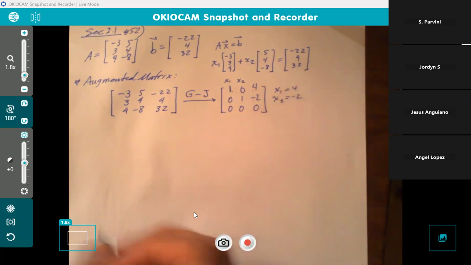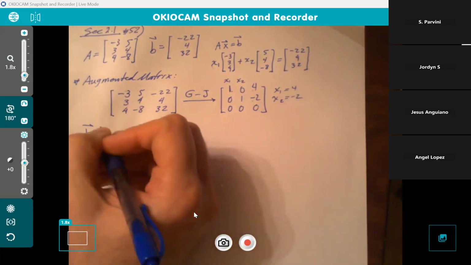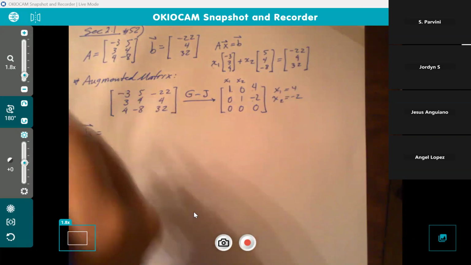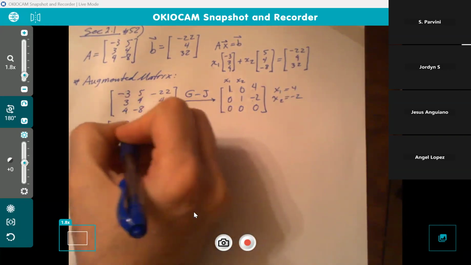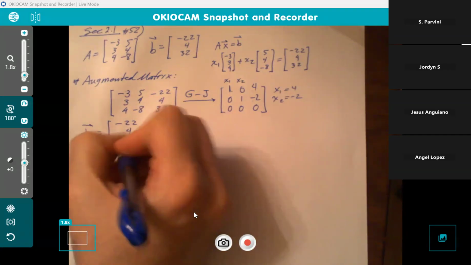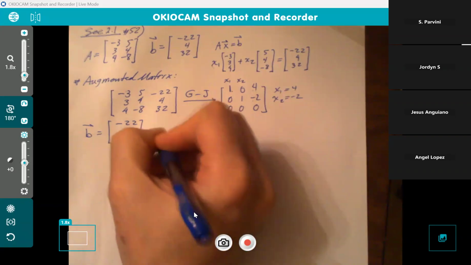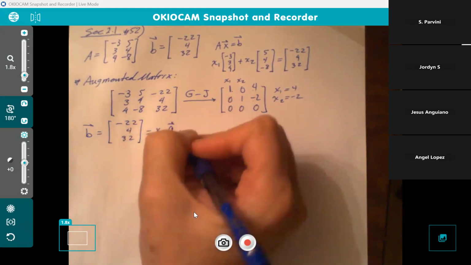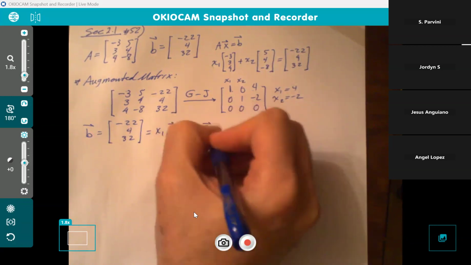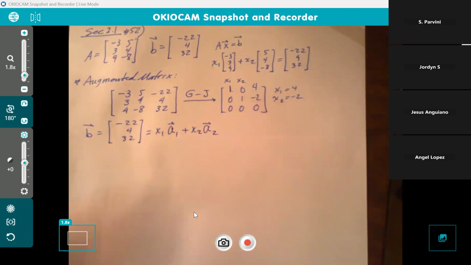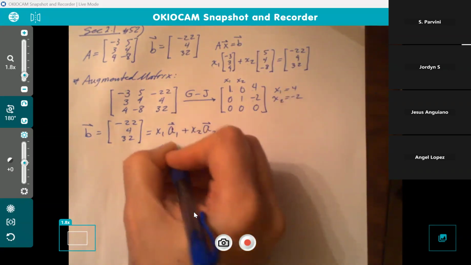Now, we can answer the question. The question says, show that B can be written as a linear combination of columns of A. B, which is the matrix, -22, 4, 32, can be rewritten as x sub 1, A1, plus x sub 2, A2. Now, what is x sub 1? X sub 1 is 4, so that means 4 times.